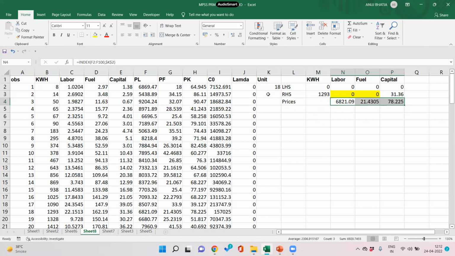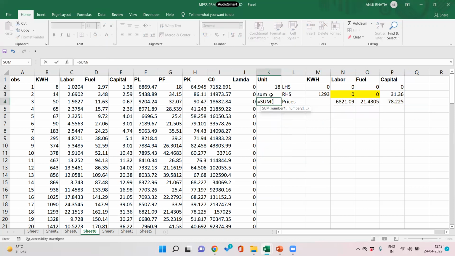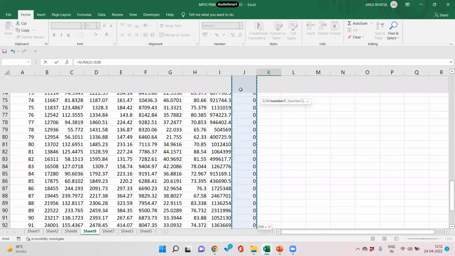Now our objective function is to minimize variable cost. We also need the sum of lambdas equal to the sum of the array of lambda weights.